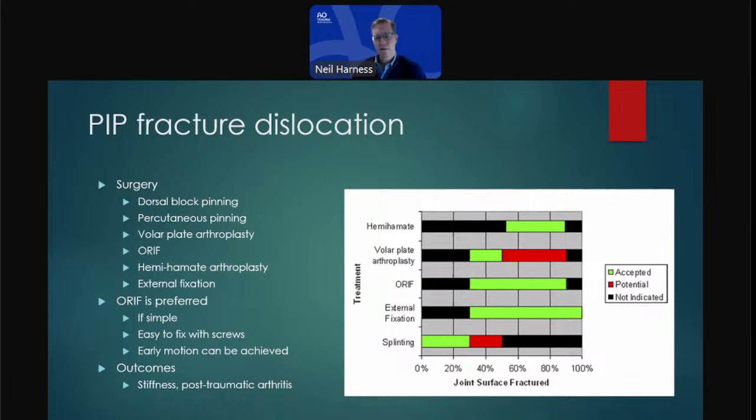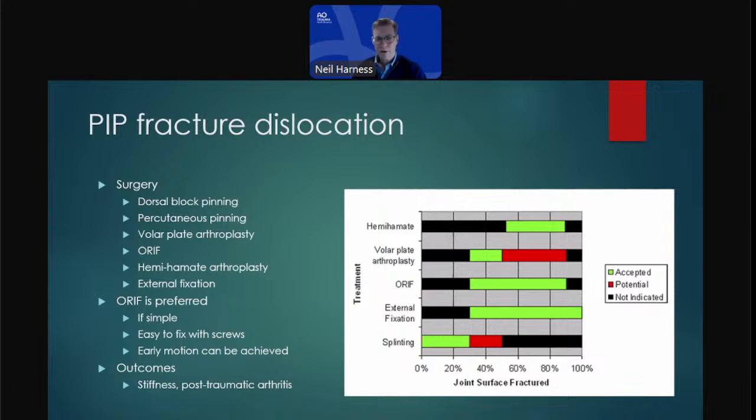Anything over that, you're going to start to develop a flexion contracture. Splinting again is down in the under 30% range. That leaves ORIF and external fixation for most of our fractures that need to be treated operatively, and then hemi-hamate for those involving more than 50% or upwards of 80%.